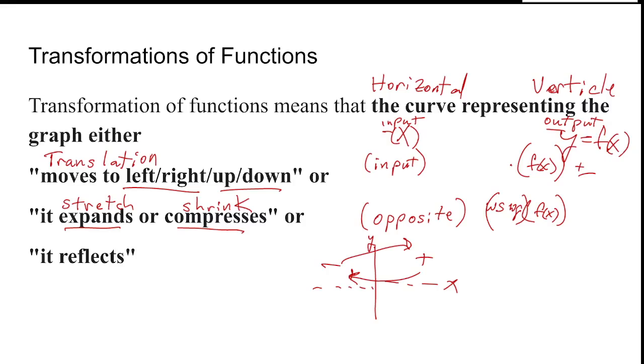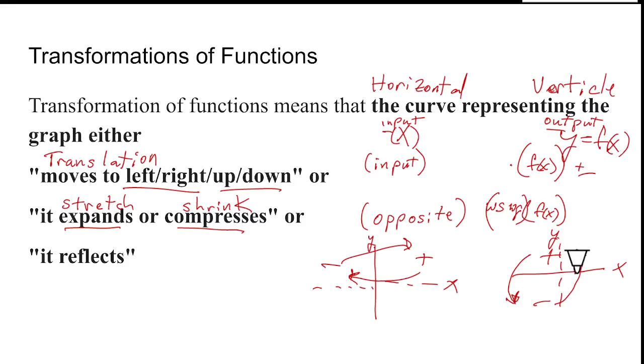Okay, because when we reflect over the x-axis, it's the y values that are changing. So in a sense, the positive y values become negative y values, and then negative y values become positive y values. We see that it's going to reflect it right over the x-axis.